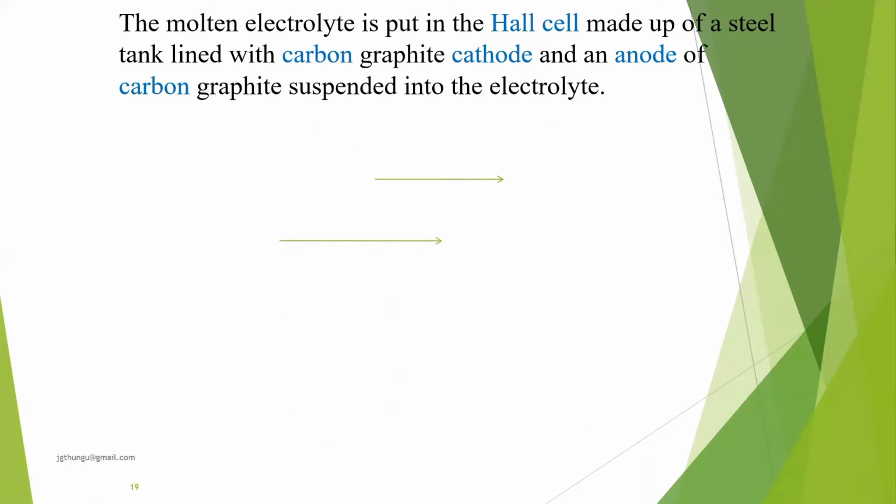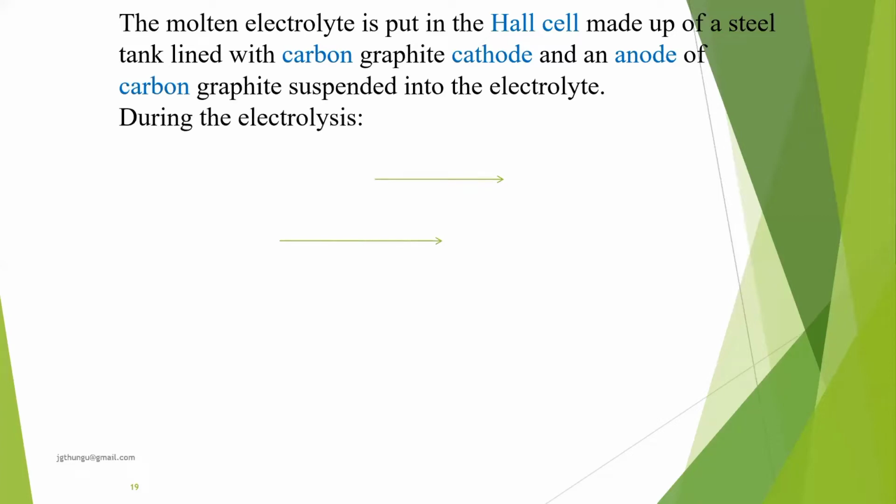So after melting that aluminium oxide, we feed it to this electrolytic cell, whereby the anode is suspended inside the electrolyte. Electrolyte sasa ndio hiyo sasa molten aluminium oxide.